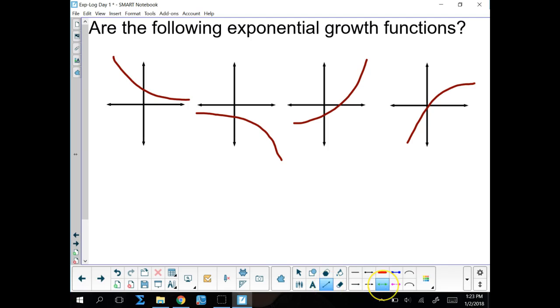Because where would my horizontal asymptote be, like somewhere in here, right? So in the first one, it's not. It's getting closer to that horizontal asymptote, working left to right. Second one, that is, because it's going away from it as I work left to right.